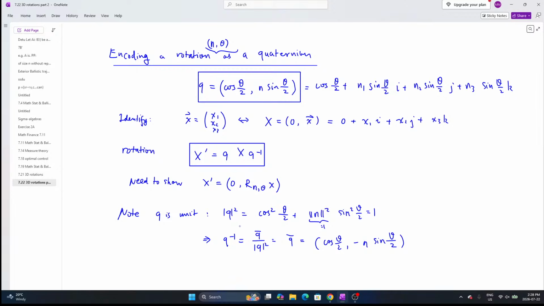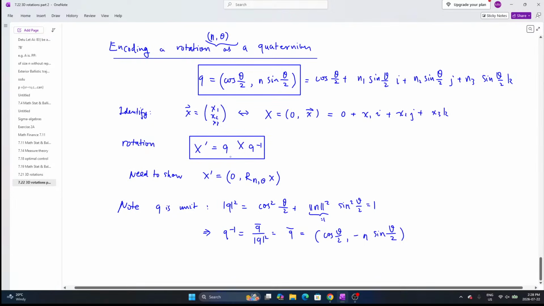So here we have this formula. Now we're just going to do, once again, this very mechanical verification. I'm just going to compute, and it turns out to be the same as the Rodrigues formula. So let's try to do that.